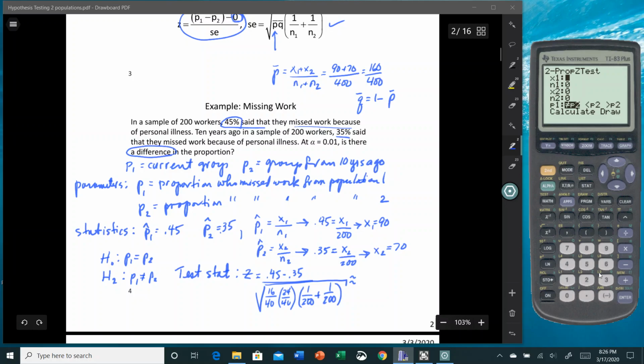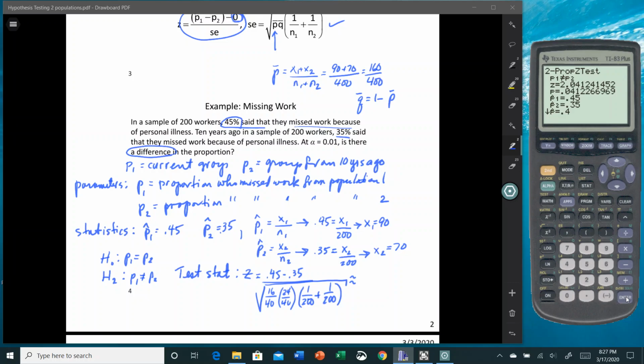So X1 here we've already determined is 90. N1 is 200. X2 is 70. N2 is 200. The alternative hypothesis is not equal. I guess we did one of those earlier today. And then calculate.